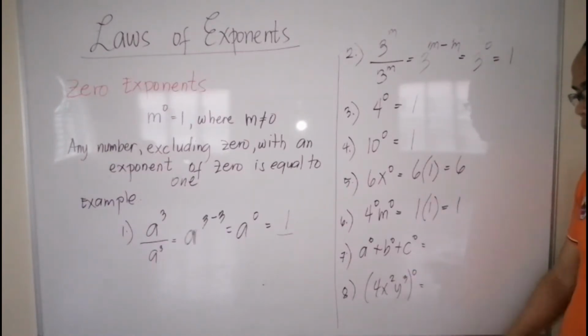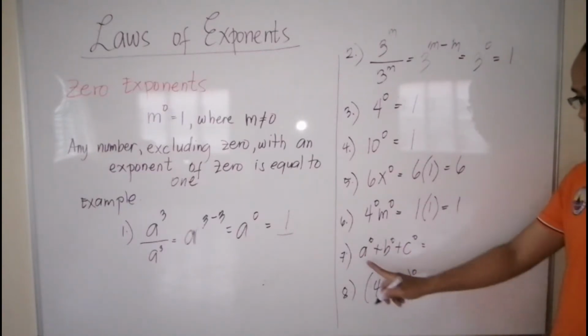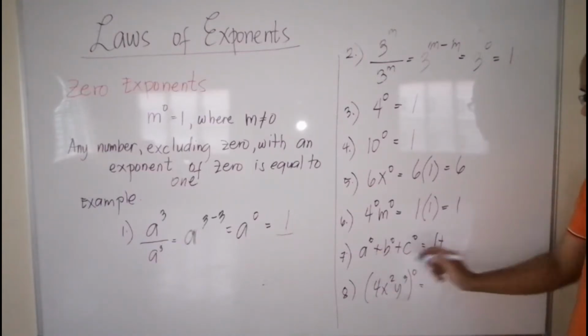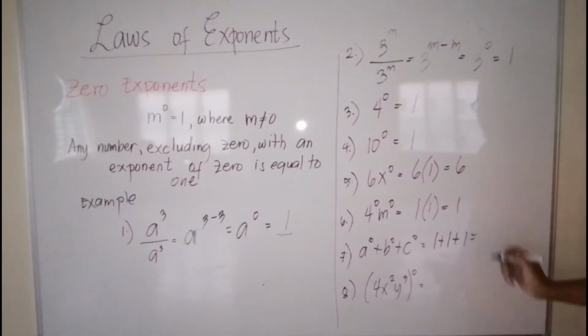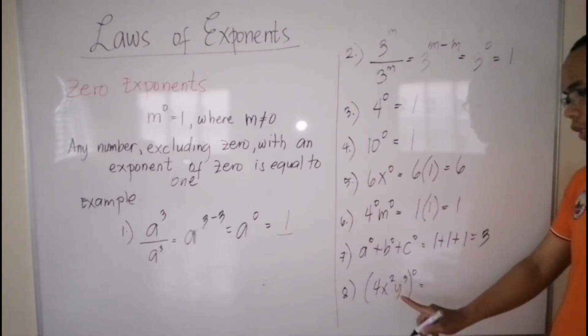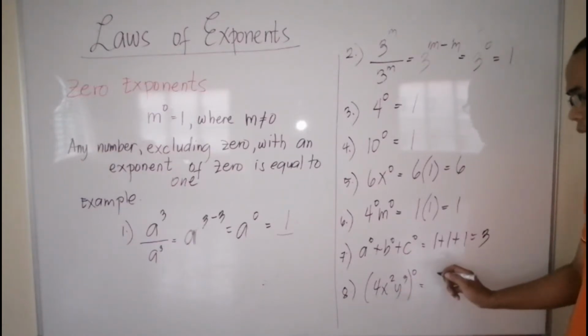Number 7. A raised to 0 plus B raised to 0 plus C raised to 0. So A raised to 0 is equal to 1 plus 1 plus yung C raised to 0 is 1. So the answer is 3. Okay? Okay, last example, number 8 for the zero exponent. So the quantity of 4x squared y raised to 3, raised to 0, the answer is 1.